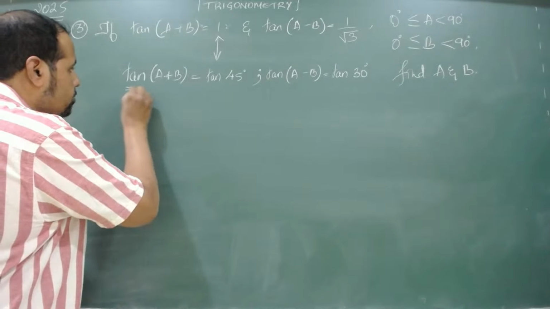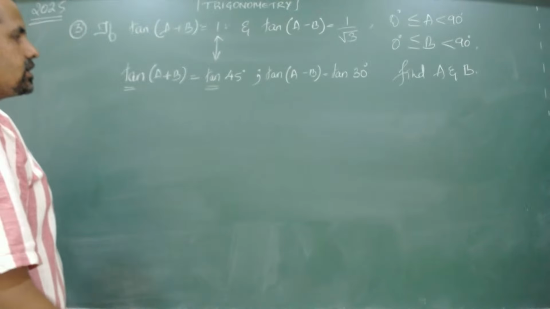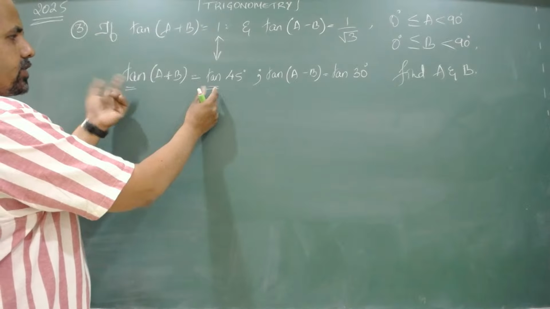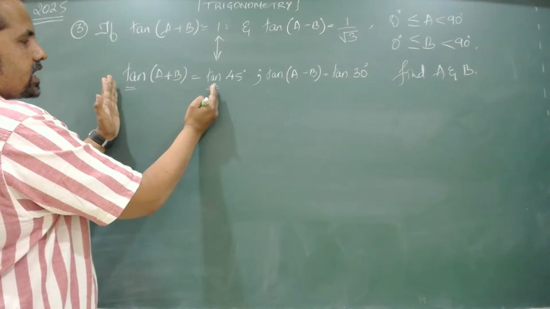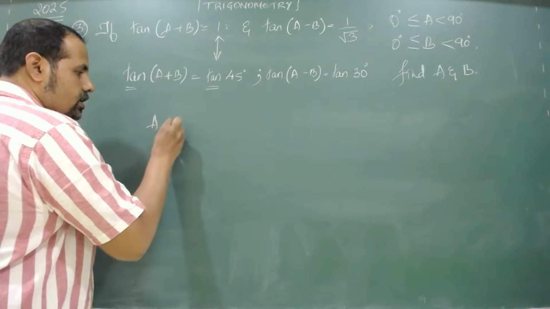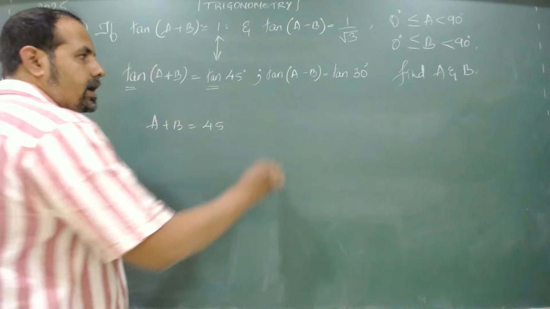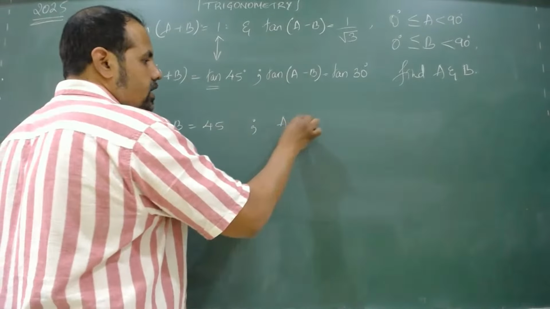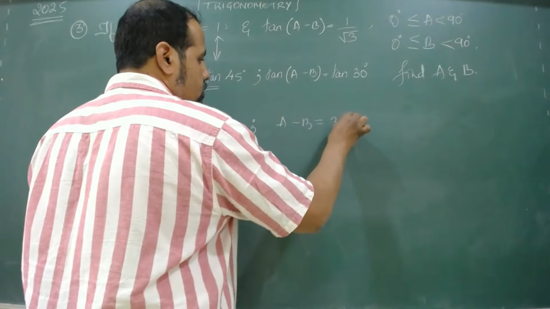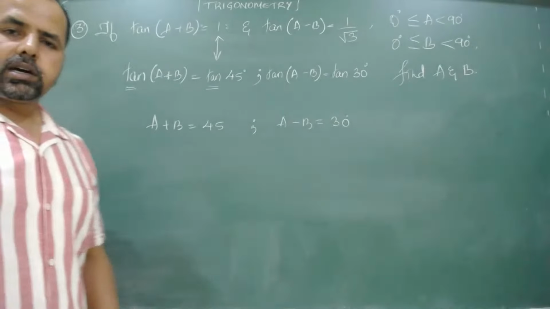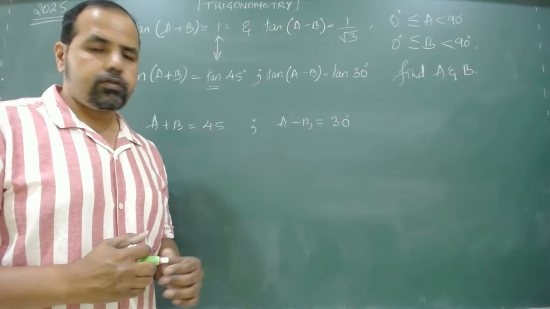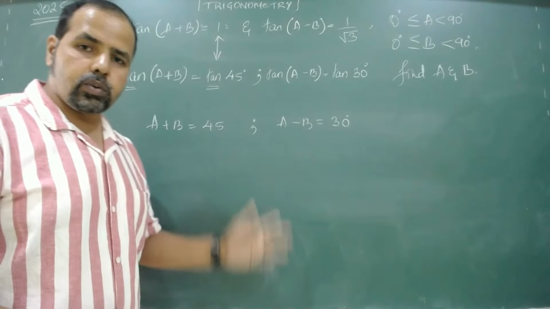Now, on comparing the left side and right side, we have the same trigonometric ratio on both sides. Therefore, A plus B is equal to 45, and A minus B is equal to 30.